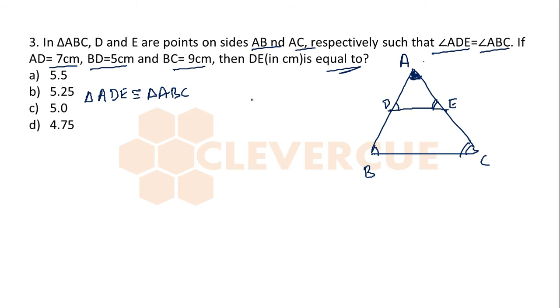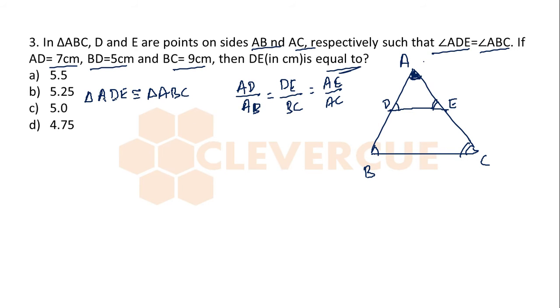So I have discussed the concept of similar triangles. See here, in similar triangles, AD by AB will be equal to DE by BC, which is also equal to AE by AC. I hope you guys remember this.